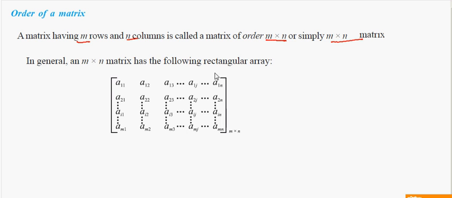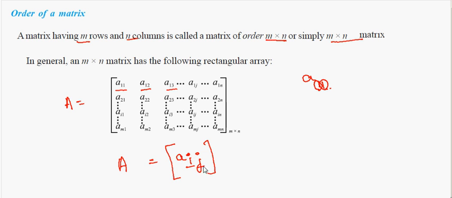It is a rectangular array of elements: a11, a12, a13. Here a11 means 1 1, that is, first row first column. So in general I can name the matrix A and write it as Aij, where i is the row and j is the column, of order m cross n.